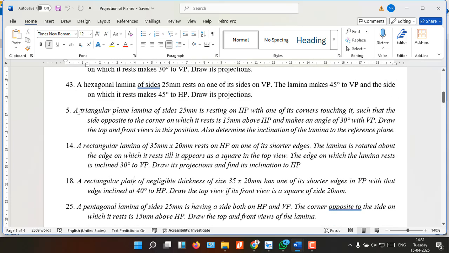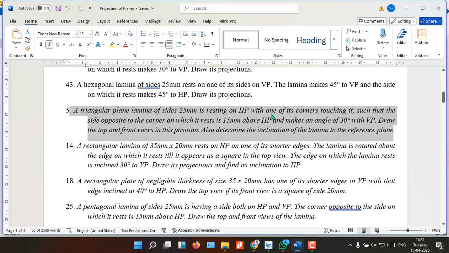To start with the first one: there is a triangular lamina of side 25 resting on HP with one of its corners touching it, such that the side opposite to the corner on which it rests is 15 mm above HP and makes an angle of 30 degrees with the VP. Draw the projections and determine the inclination with respect to the HP, they have asked.